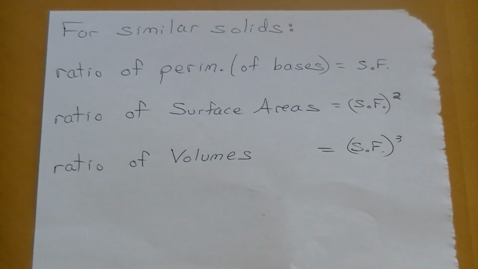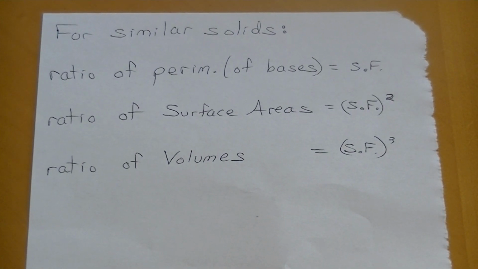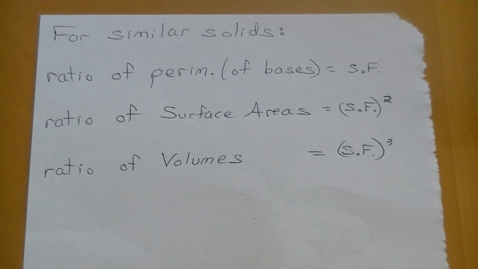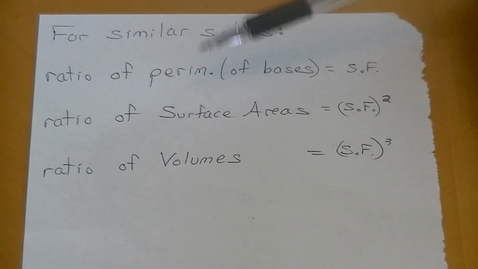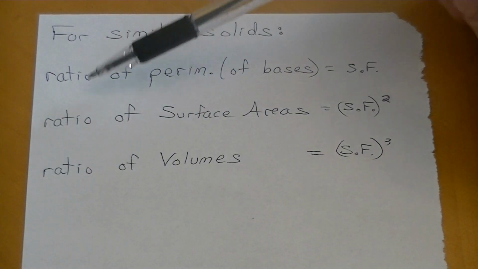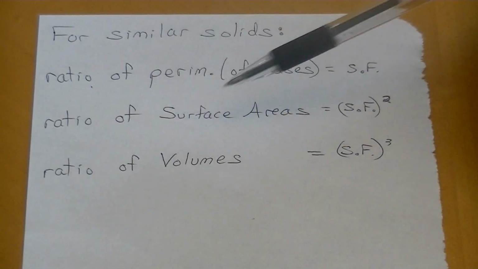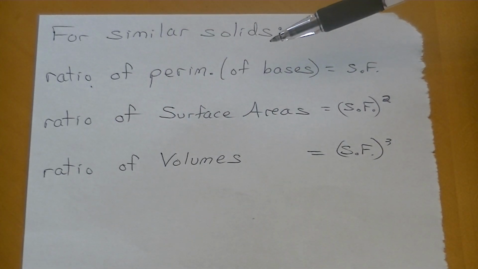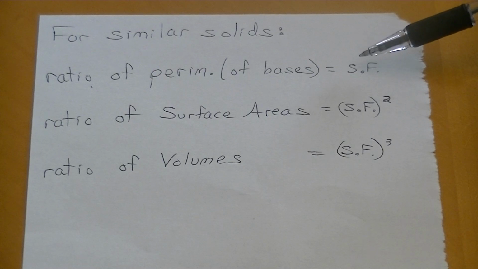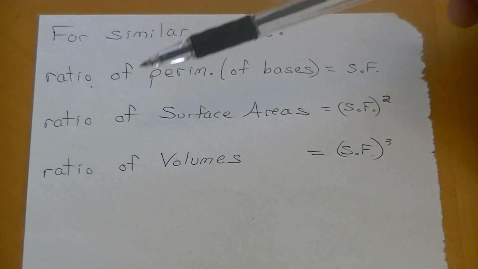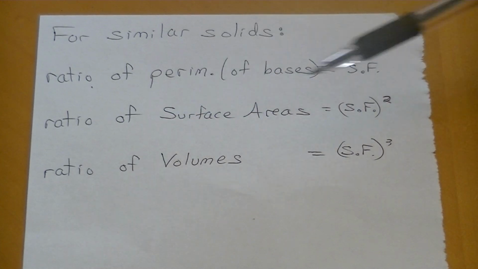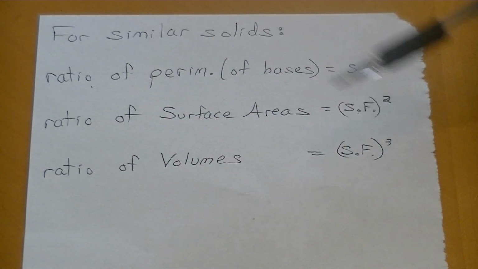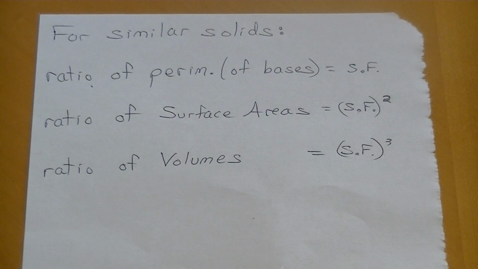For similar figures, similar solids, three-dimensional figures, a ratio of the perimeters, or if they were cylinders or cones, a ratio of the circumferences of the bases is always going to equal the scale factor. But if you make a ratio of the surface areas, it's always going to be the scale factor squared. And a ratio of the volumes will always be the scale factor cubed.